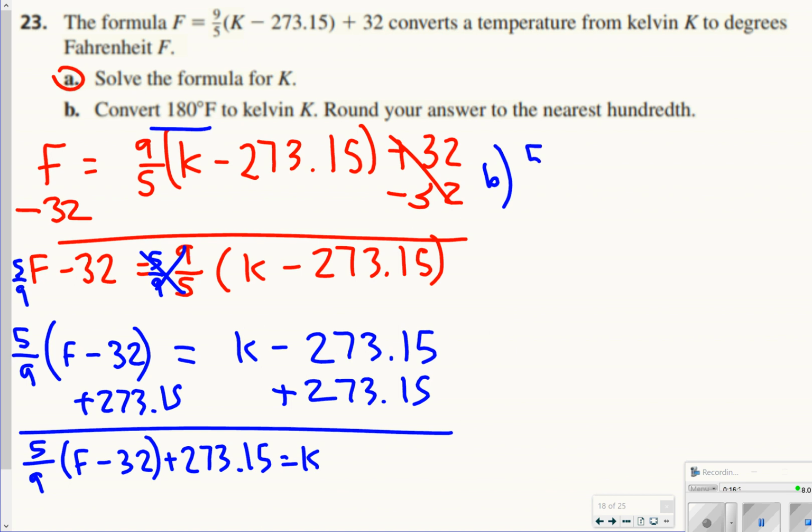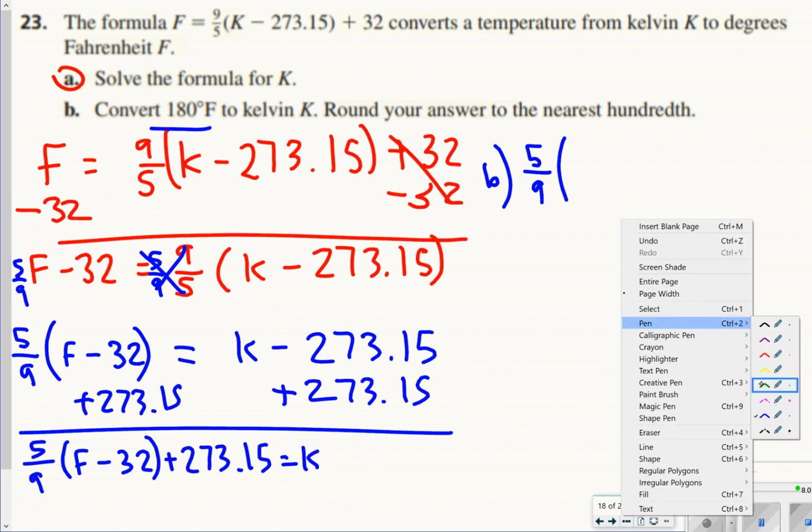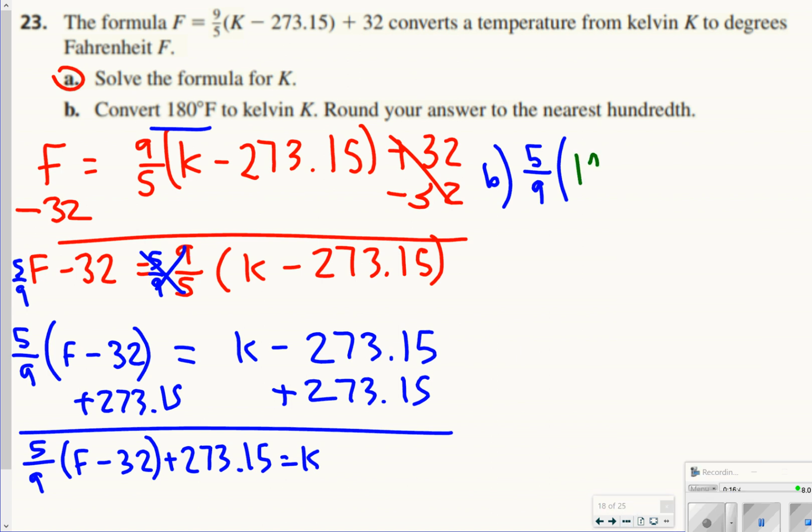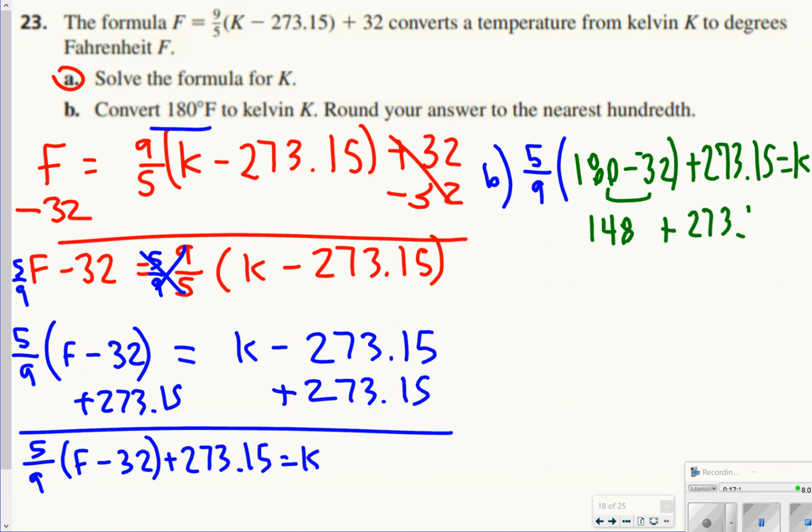You just plug in the 180 degrees. 5/9 parentheses, (180) minus 32 plus 273.15 should give me the K. I'm going to do this real quick. 180 minus 32 is going to give me 148.